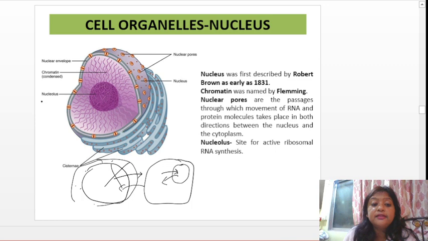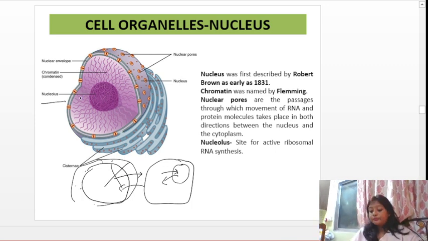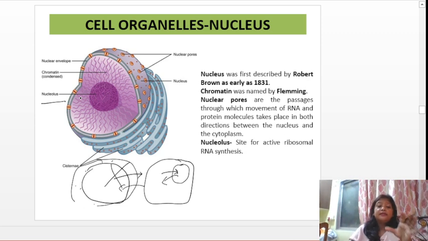See, the nucleolus is a dense, dark colored structure present inside the nucleus. It is a site for ribosomal RNA synthesis, rRNA synthesis.